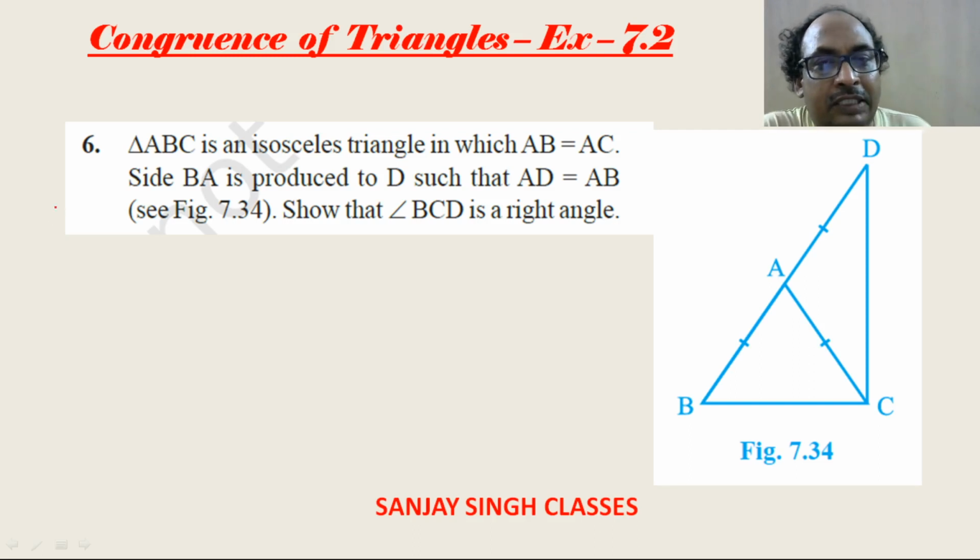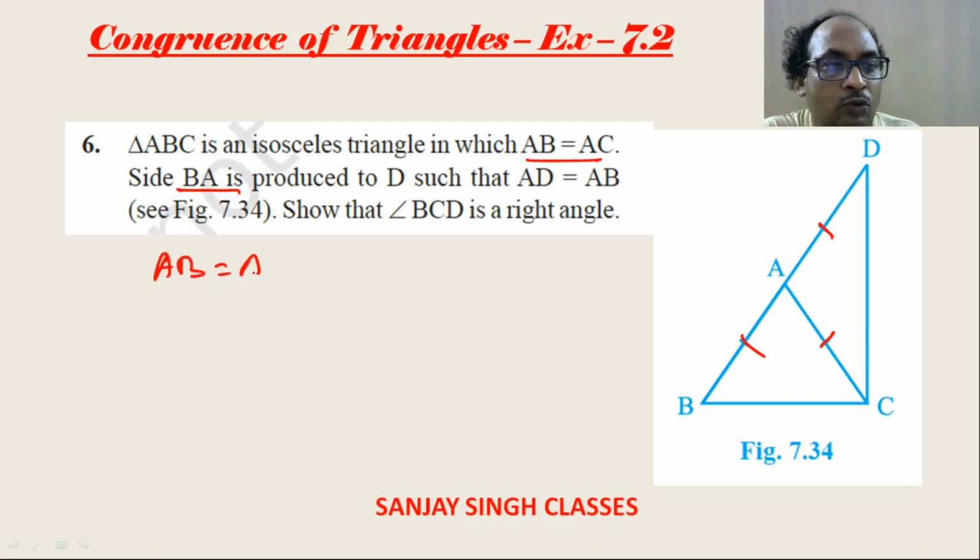Now, sixth question, what is it? Triangle ABC is an isosceles triangle in which AB is equal to AC. Similarly, BA is produced to D such that AD is equal to AB. So AD is equal to AC. So we can say that AB is equal to AC is equal to AD.